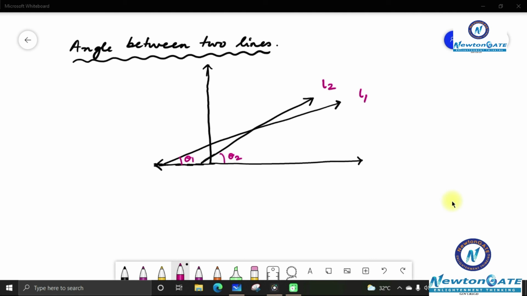Now we will be discussing the angle between the two lines. Over here again I have taken two lines which are L1 and L2. Students, don't get confused with all these angles that are coming in between. I am explaining each one of them, and how you can understand the concept in between.